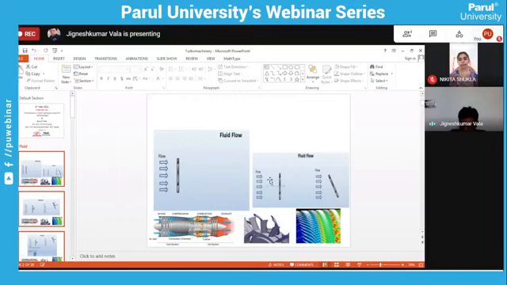In the first case, we have a drag force, acting in the direction of the flow. In the second case, we have a drag force and also a lift force, which acts perpendicular to the direction of the flow.